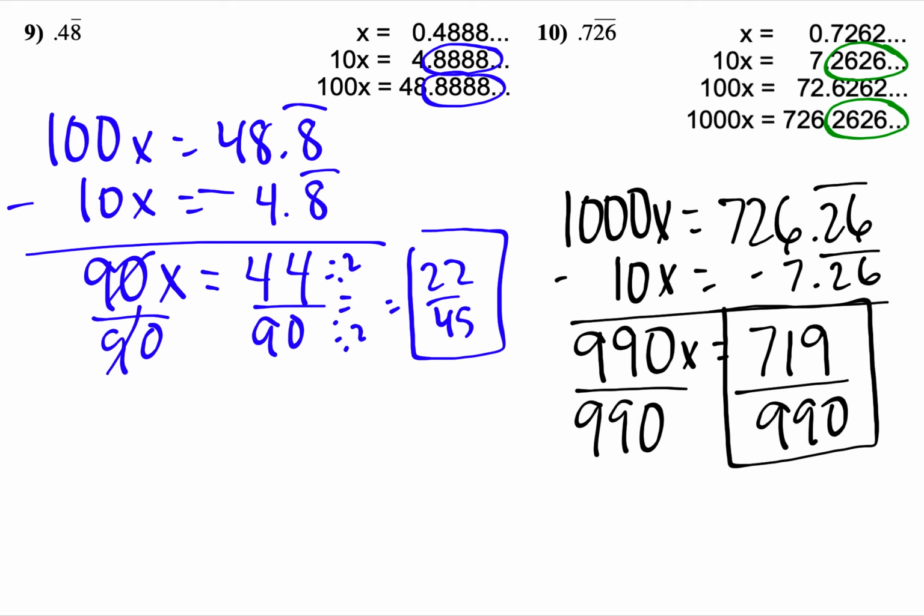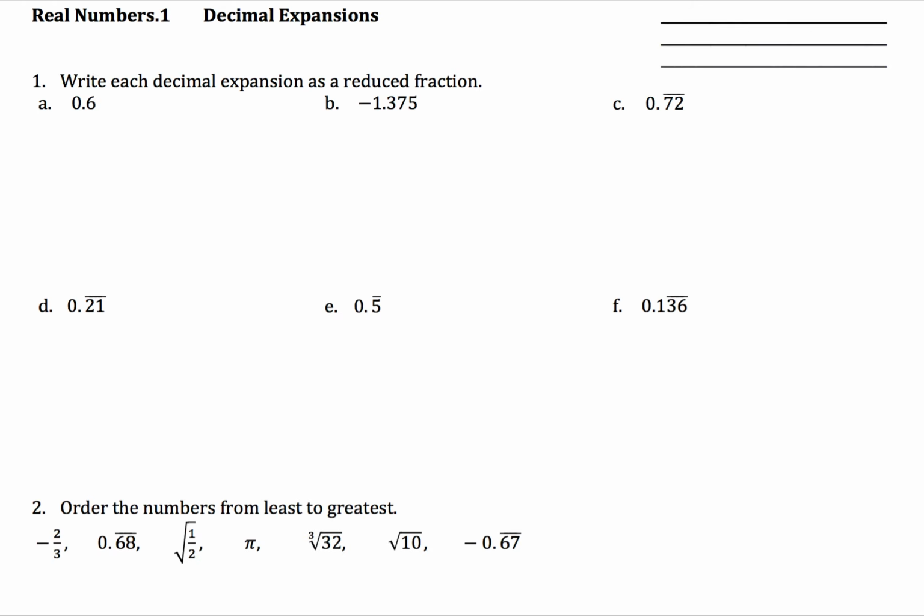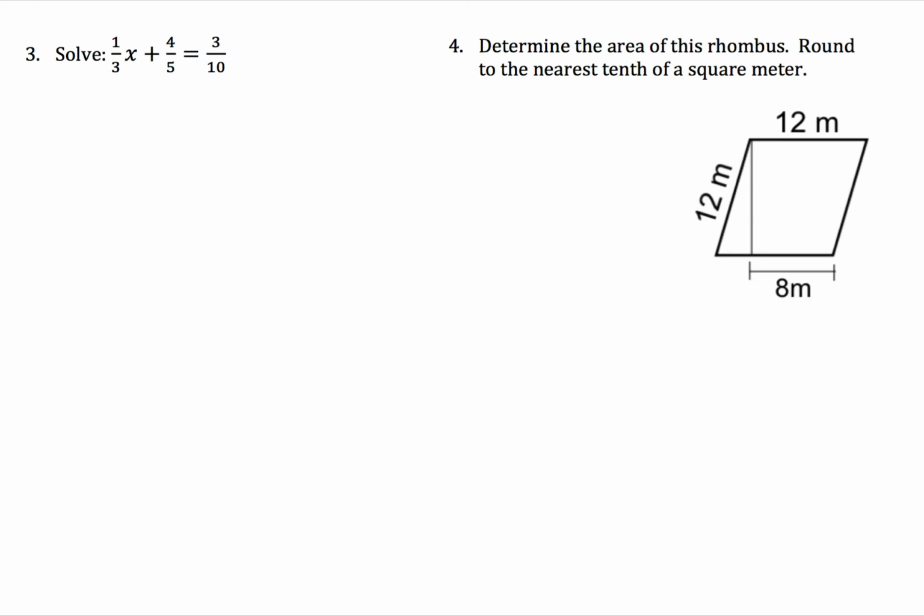Now, in the assignment, on number 1, you're going to be changing these decimals into fractions. Please use the equation method. Number 2, you get to put the numbers in order. You're going to need to approximate them with a calculator so you can order them. 3 is solving for, find the area. You are going to have to use the Pythagorean theorem to solve for the height of that rhombus.